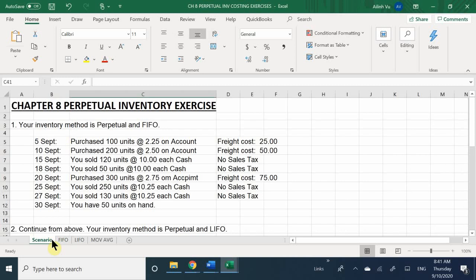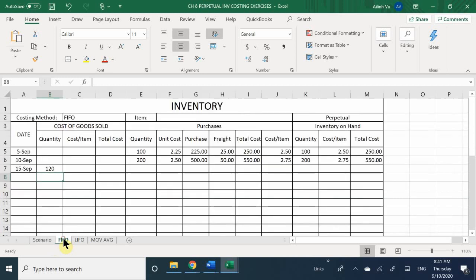Yes, 120 units at $10. Now let's look carefully at our batches and let's look at our costing method. Where are we starting? 250. We take the whole 100.